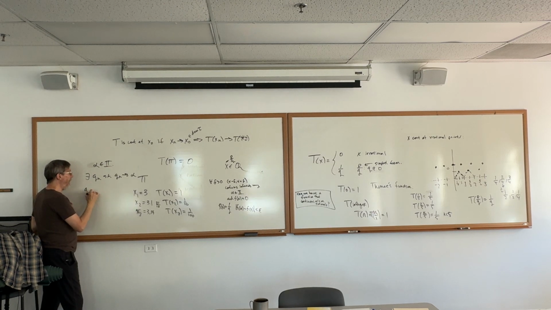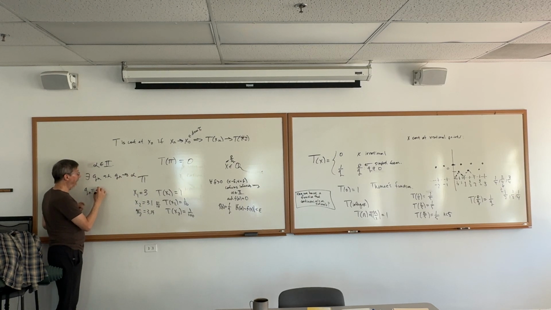Each q sub n is equal to a fraction. Now this is the part that's kind of hard to write out, but each one of these will be a decimal representation of q. There'll be a different sequence of things on top here.